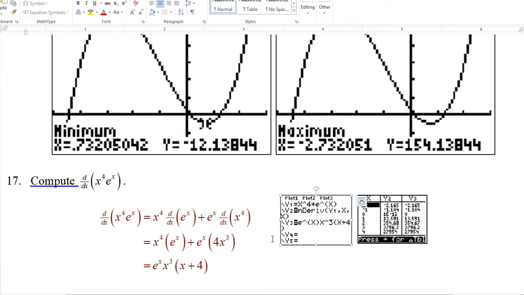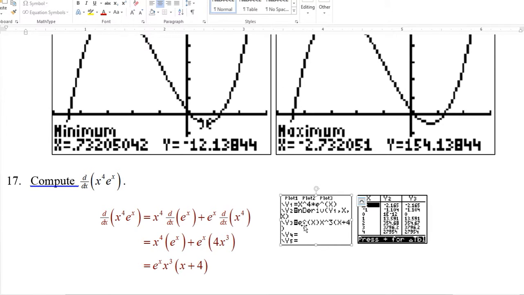How can we check our answer? You can check your answer to any derivative problem as follows. Put the original problem in y1, which you see I've done here. In y2, put the numerical derivative of y1. It may look like this, or it may look like Leibniz notation, d over dx of y1, such that x equals x.